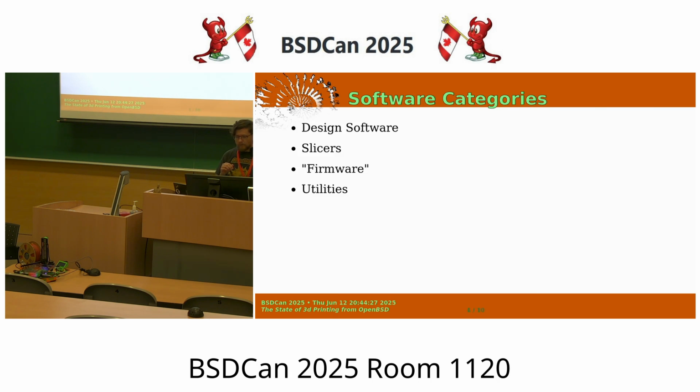Then there's the firmware for the printers, and I will mention that a little bit down there. Oh, I missed one. So then there's the slicer software, and that takes those 3D models and turns them into what's called G-code, which is the kind of instructions for how to move the printer head around, turn on the heating element, turn off the heating element, extrude more filament, that sort of thing.